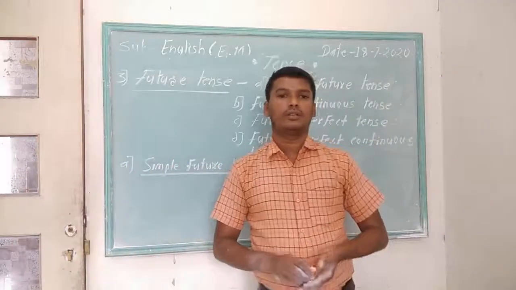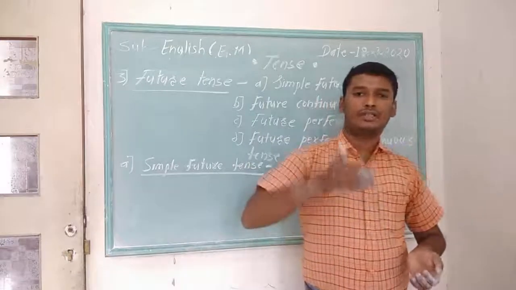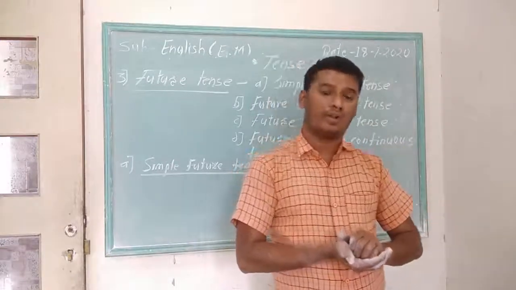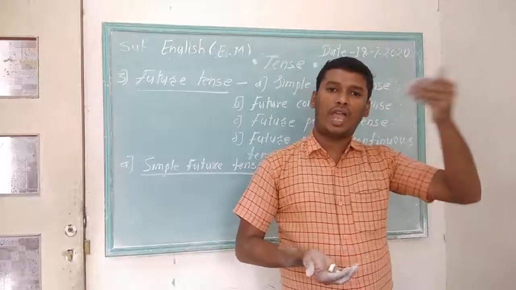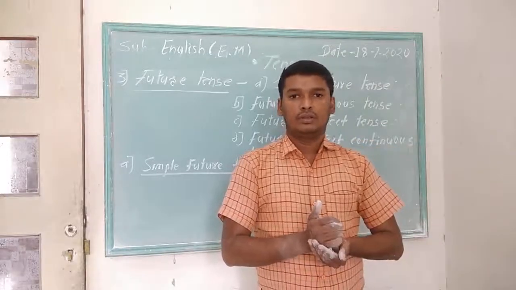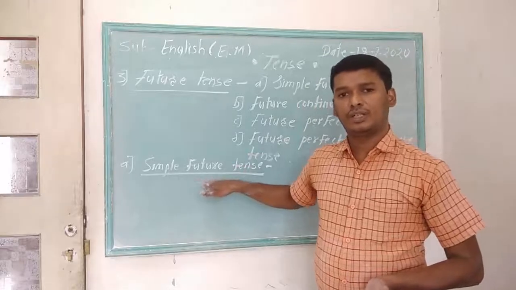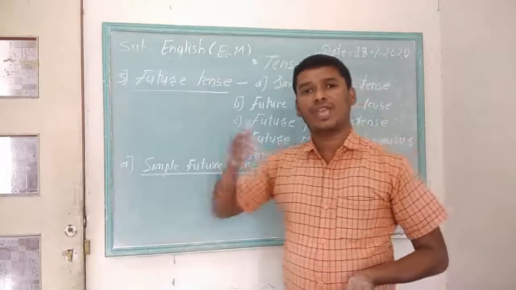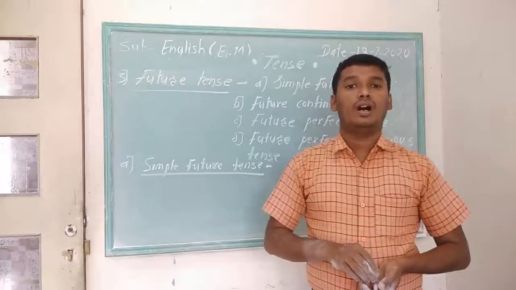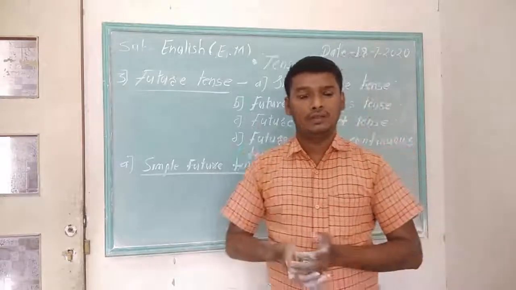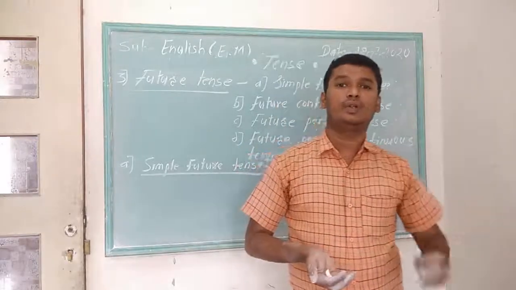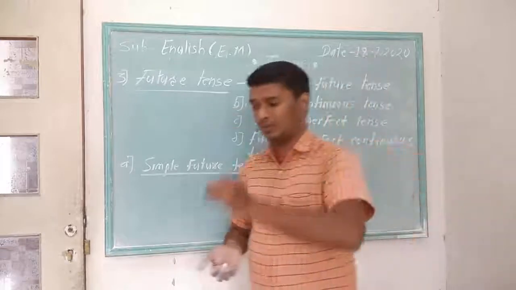Everyone knows that future actions are such actions which are going to occur, which are going to happen. It means simple future tense is used to express such action which has not been completed, which is going to occur in the future.